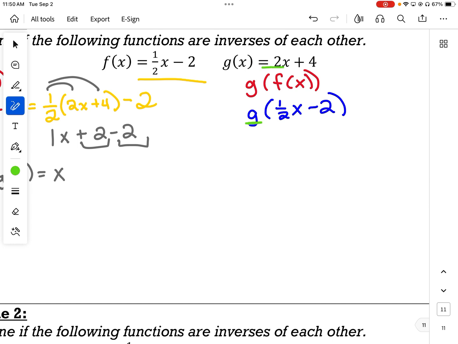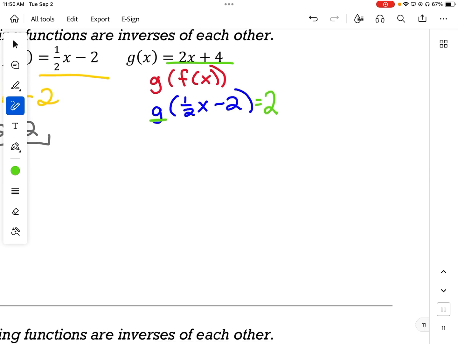Since the g is first, I'm going to start with the g function. So this is 2, but instead of saying x, I'm going to plug in the f function, 1/2 x minus 2. And then don't forget from the g function, it says plus 4.